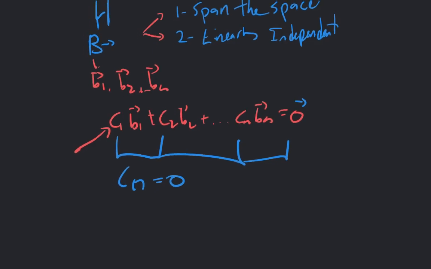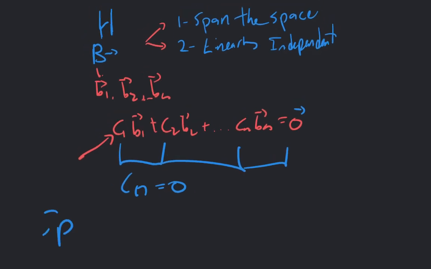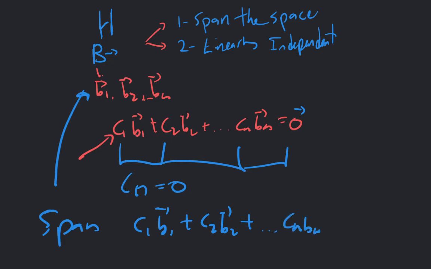And remember that the span is the set of vectors b1, b2, bn, and it is the set of all possible linear combinations of these. So we're going to have C1 B1 plus C2 B2 plus and so on, Cn Bn.